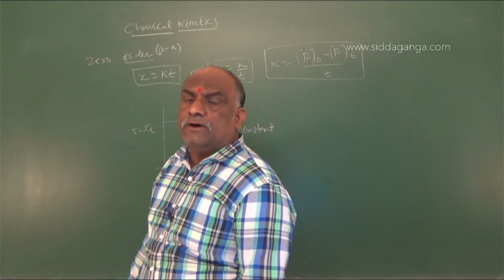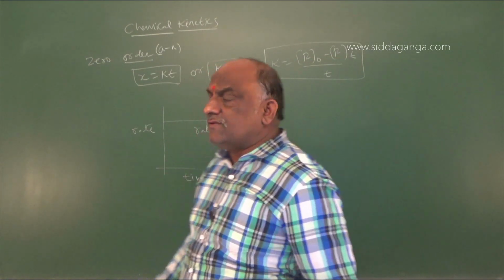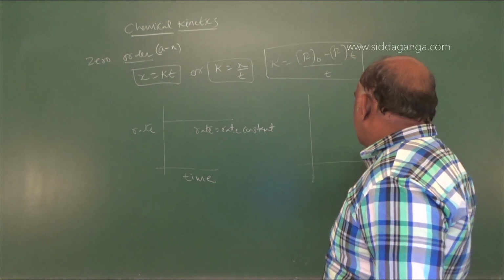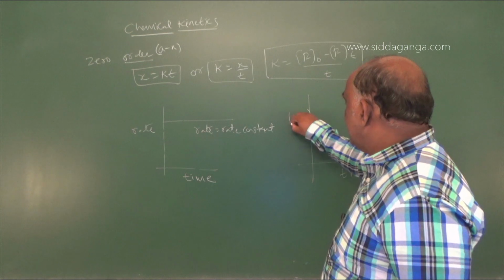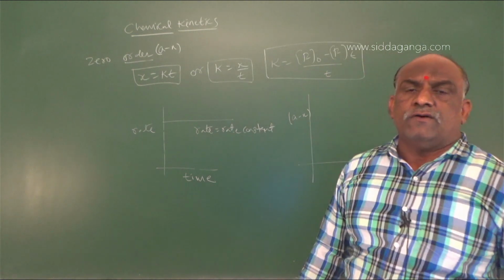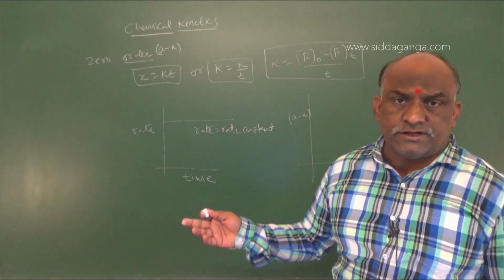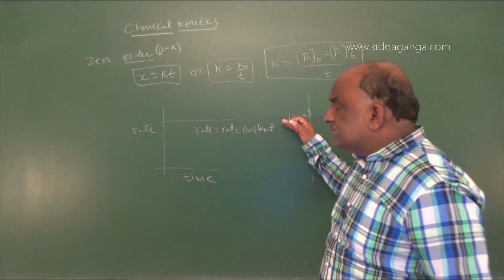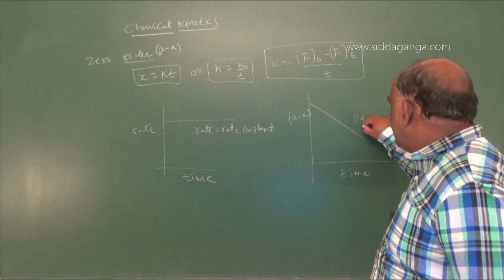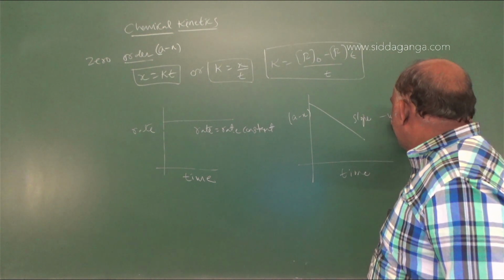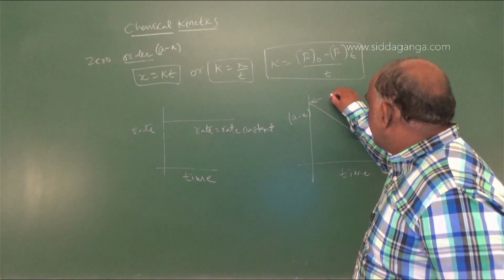One more graph is there, that is time versus a minus x. A minus x means after an interval, the concentration of the reactants becomes a minus x. Then we'll get one straight line. This straight line has a negative slope, and the intercept is a.